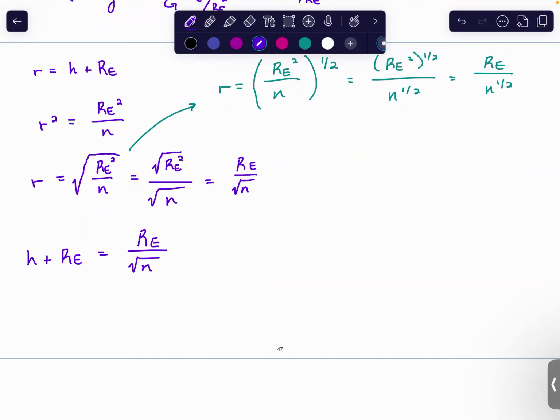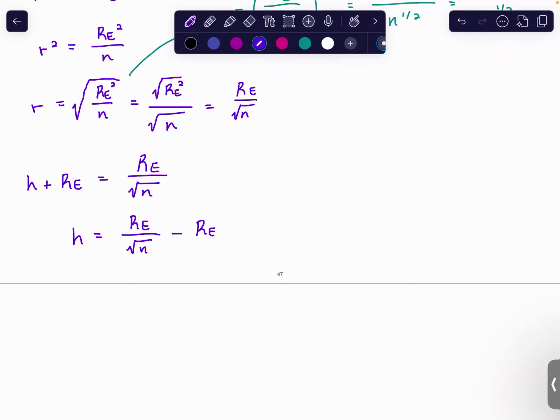Then I'm going to say h is going to be r_e over the square root of n minus r_e, and then I can pull out the r_e.